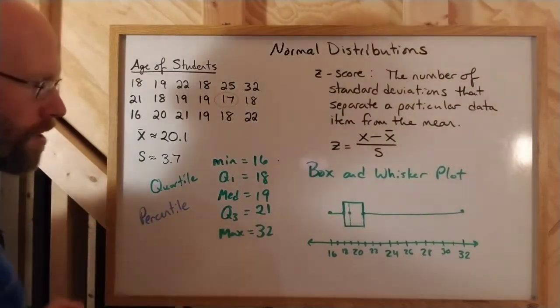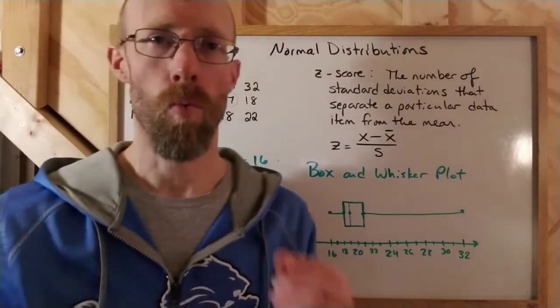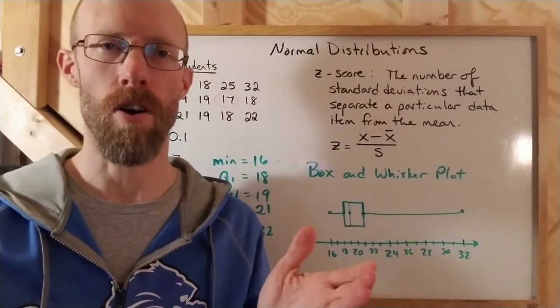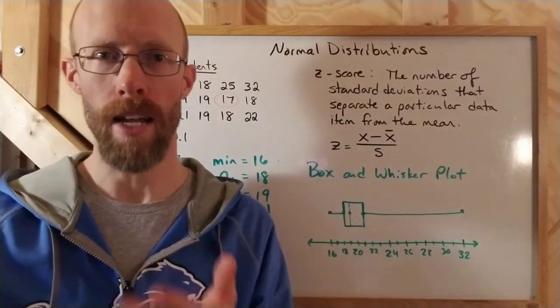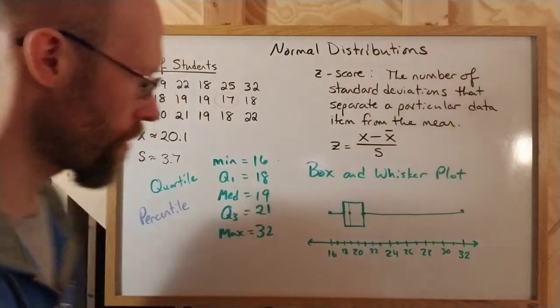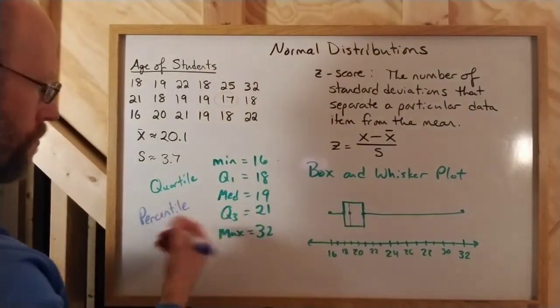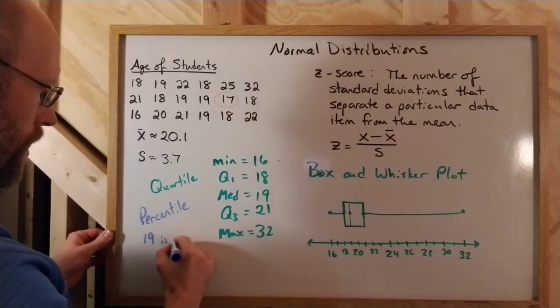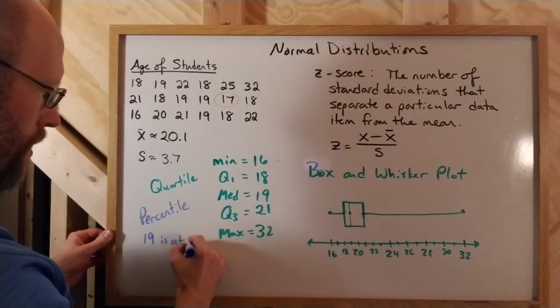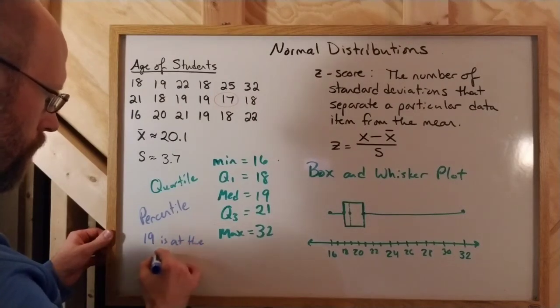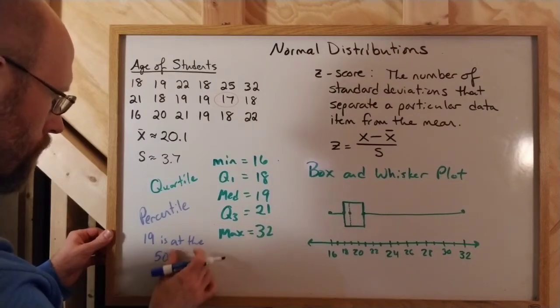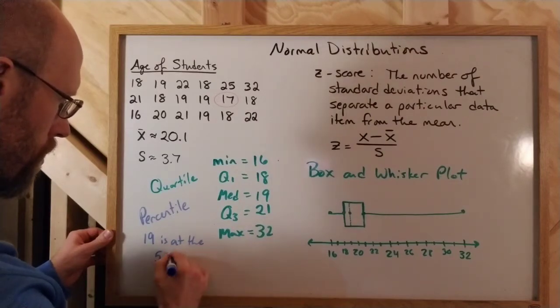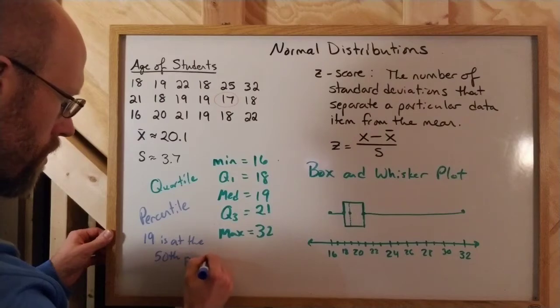A percentile basically tells you what percent of the data falls below the item that you're looking at. So the median, for instance, the number 19, is at the 50th percentile.